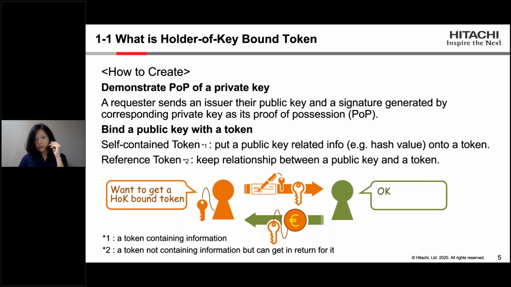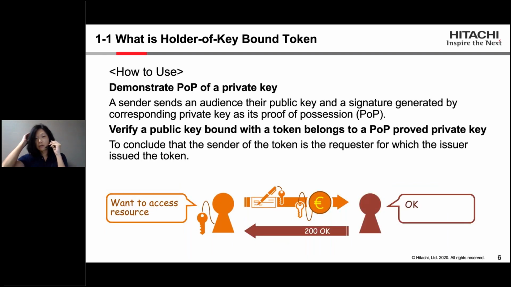In the case of a self-contained token, the issuer may put public key related information onto the token itself. In the case of a reference token, the issuer may keep the relationship between the public key and the generated token.